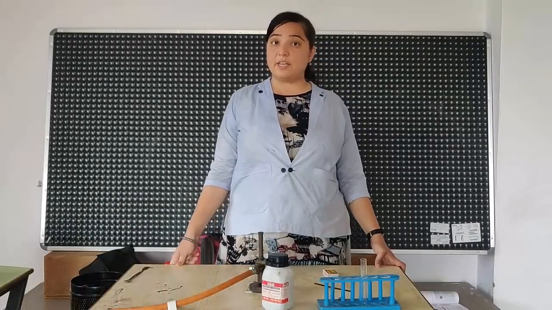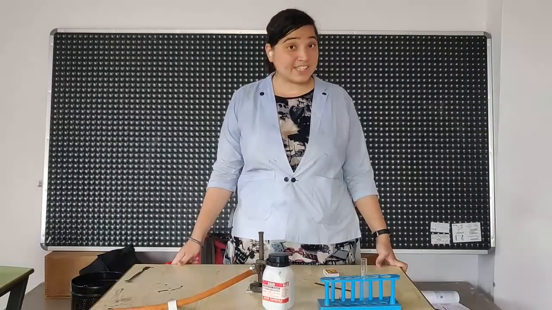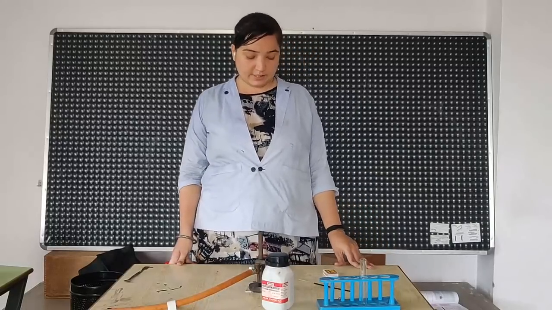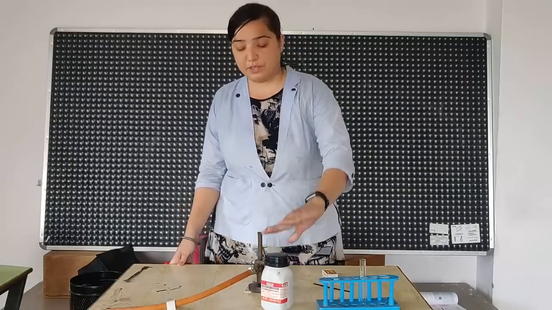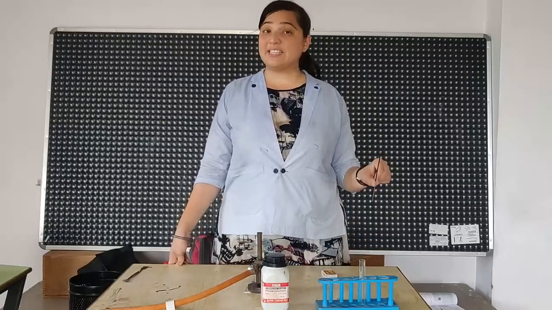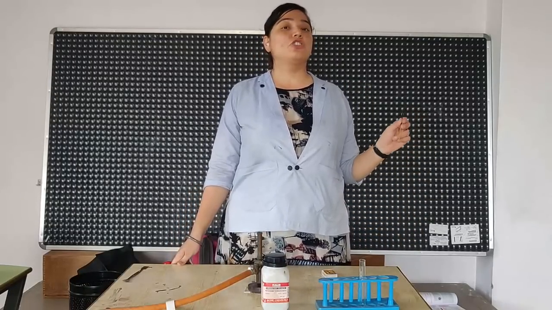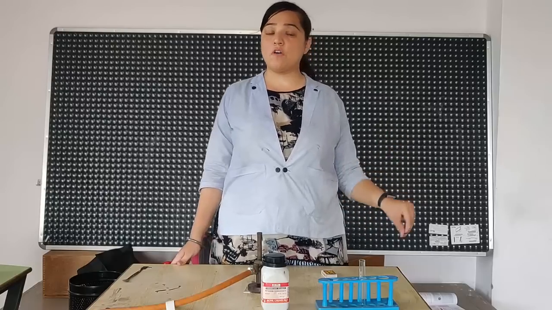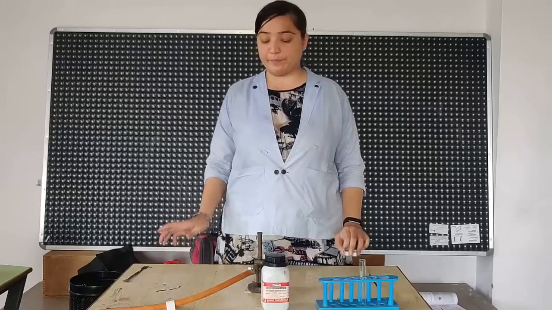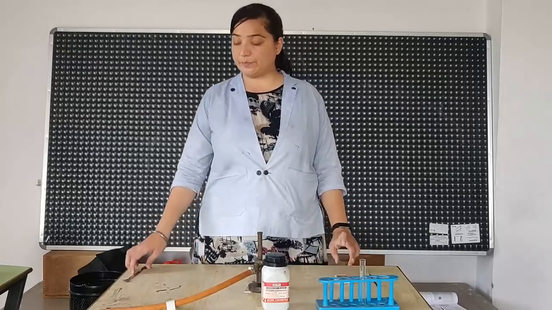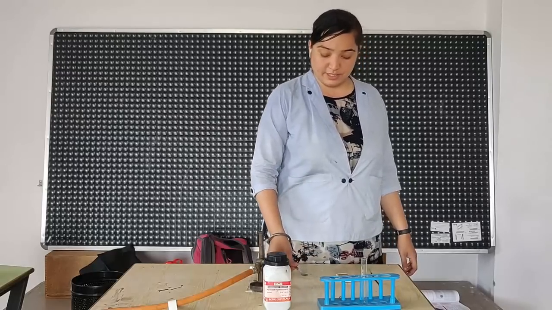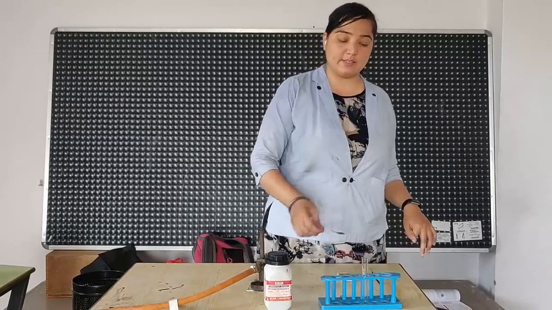Now we are going to see how oxygen gas is formed. For that, with us, we are having potassium permanganate, test tubes, incense stick for checking the formation of oxygen, matchbox to burn, and this Bunsen burner, the spatula for properly putting the substance in this test tube.